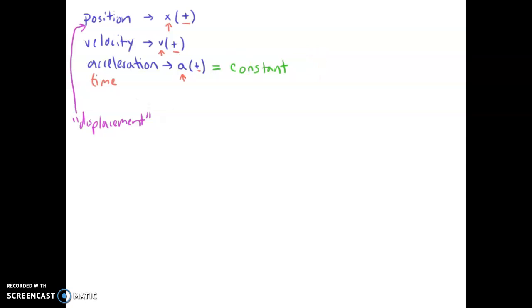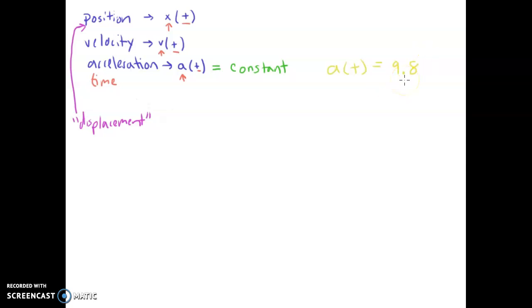Meaning, an example here, I'll write examples in yellow, is a of t could equal 9.8. All right. So that's a constant number.